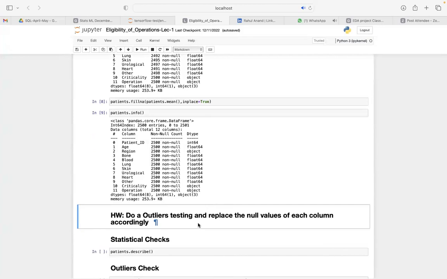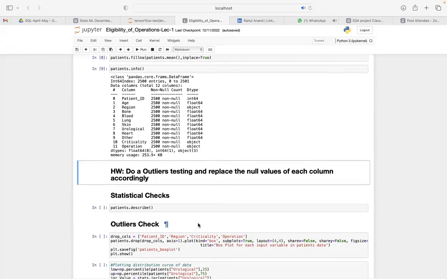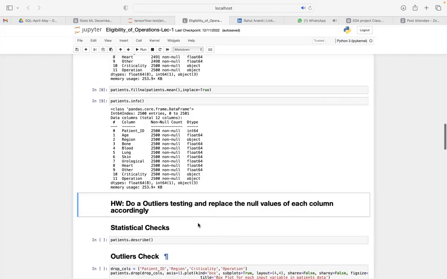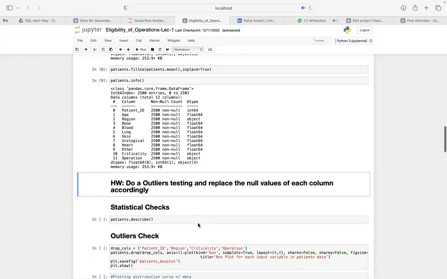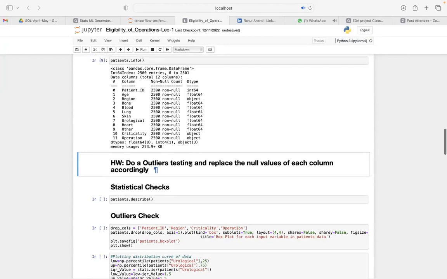If there is a presence of outliers, then replacing the null values with mean is not a viable solution. Okay, so you have to check the outliers. If it's a small number, still it's fine. But again, if it is like 10%, 20% null values that are present, you'll have to impute sensibly. So that's why this is homework for you guys: to check the outliers first and then do an imputation on each and every column accordingly.